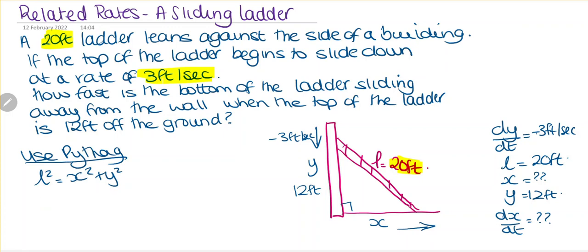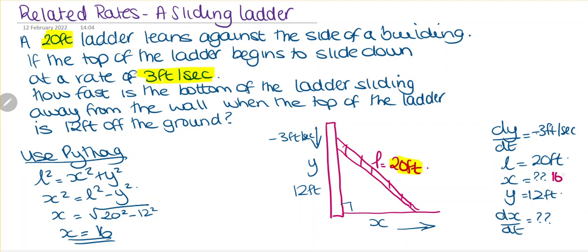I want to find X squared, so X squared is going to be L squared minus Y squared. So X is going to be the root of 20 squared minus 12 squared. So 400 minus 144 is 256, so we know that X is 16 feet.